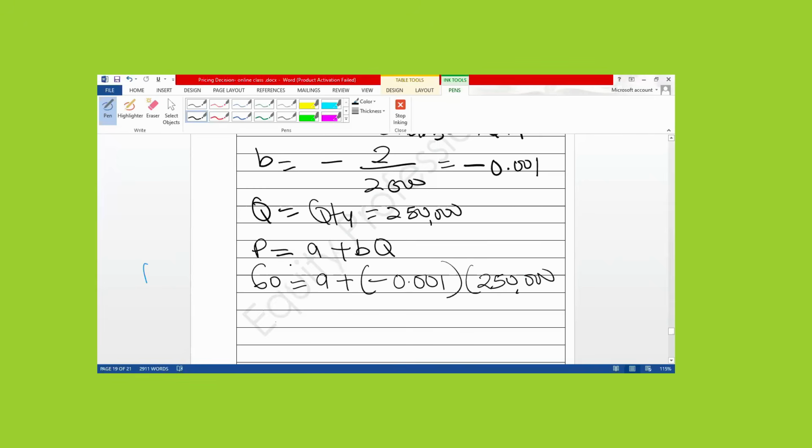Open the brackets: 60 is equal to A plus times minus 250.